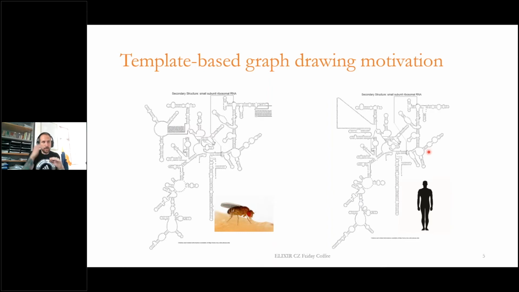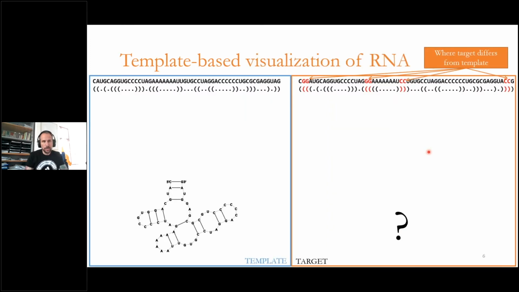But it's sort of one level above, in the sense that here you have two structures, template and target structure, and you also have the template layout, and you want to generate the target layout. Right? And that's the basic idea of the algorithm, which is implemented in Traveler.